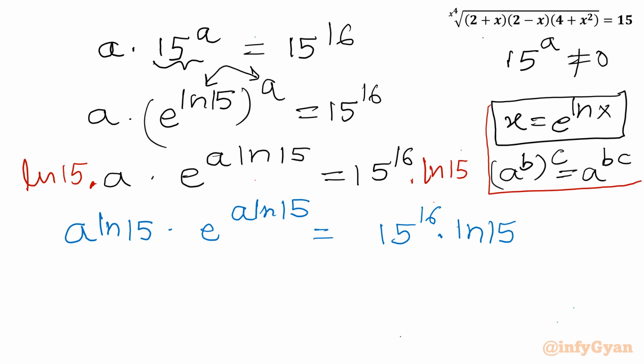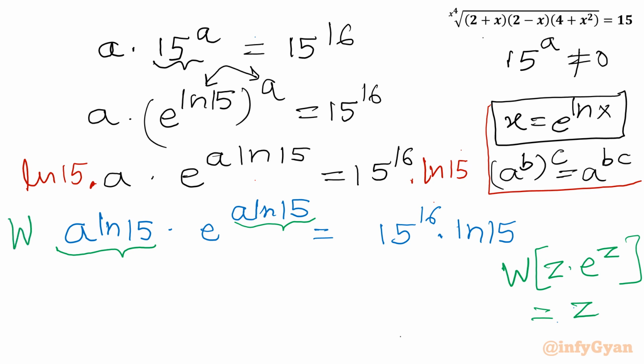Now I will write the property of the Lambert W function. It is z times e raised to the power z equal to z. So here our z is a ln 15.